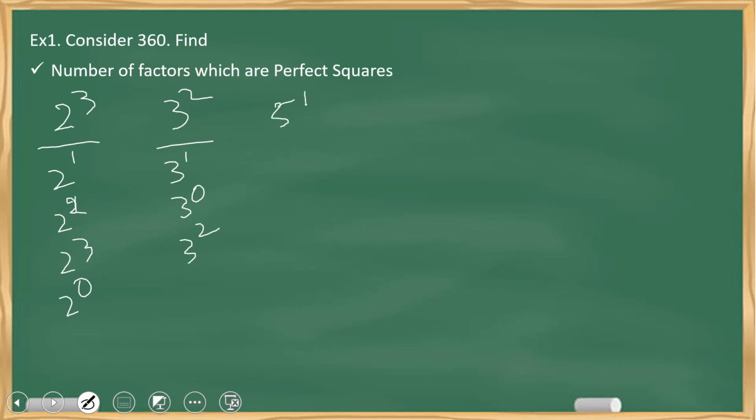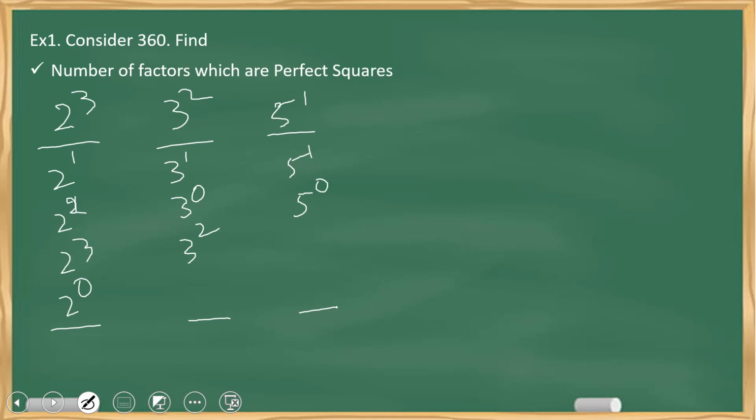Now 5 power 1, 5 power 0. Now if any product should be a perfect square, either you finally get the powers as even numbers, or a perfect square into a perfect square will also be a perfect square. Understand the point here? A perfect square into a perfect square will always give you a perfect square.